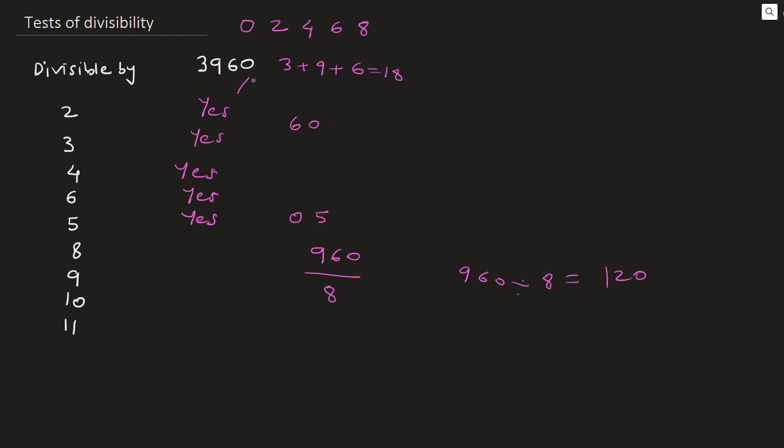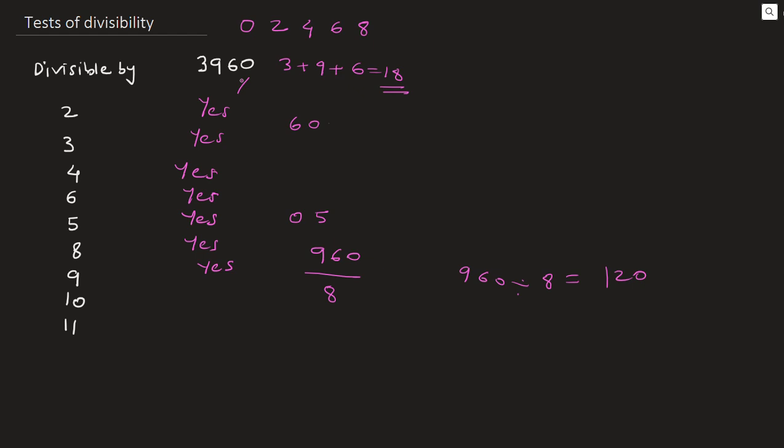So this number is divisible by 8, therefore the overall number is also divisible by 8. And then is it divisible by 9? Again, I have to find the sum of the digits. The sum of the digits is equal to 18, which is divisible by 9. So if the sum of the digits is divisible by 9, this number is divisible by 9.